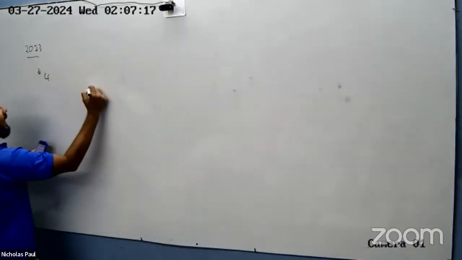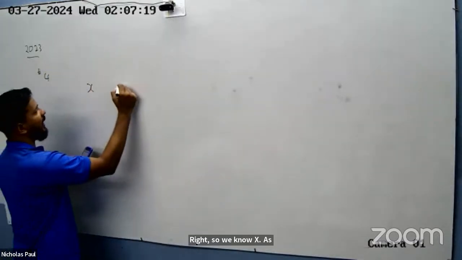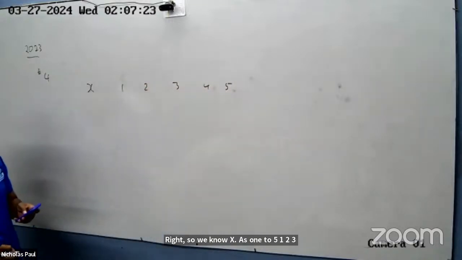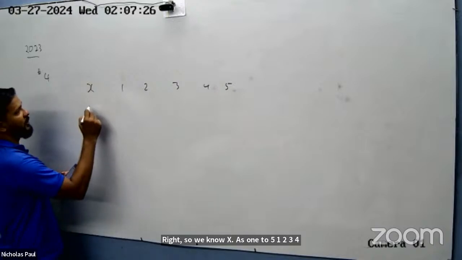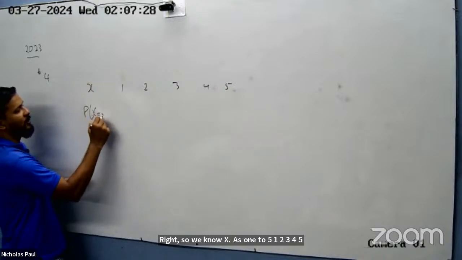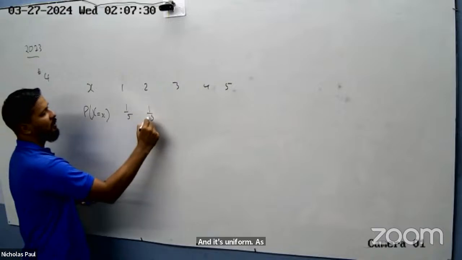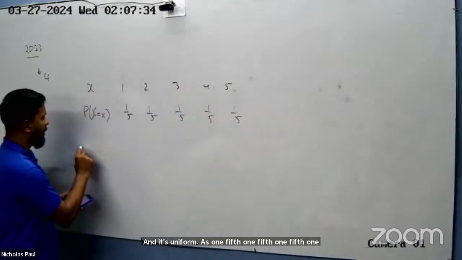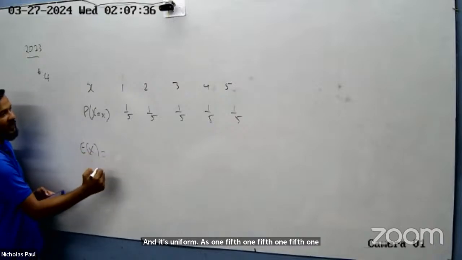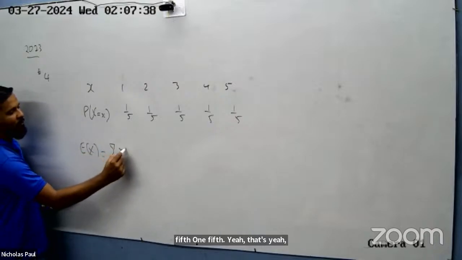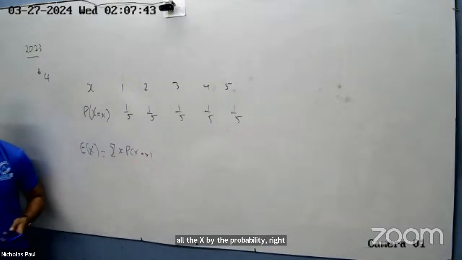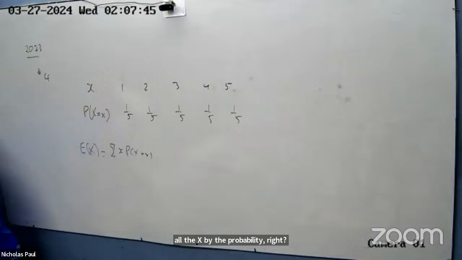Right, so we know X is 1 to 5, 1, 2, 3, 4, 5, and it's uniformly distributed. So the probability of each one is 1/5, 1/5, 1/5, 1/5, 1/5. Right? E of X is the sum of all the X times the probability, right? And then you have the last two parts to work out.